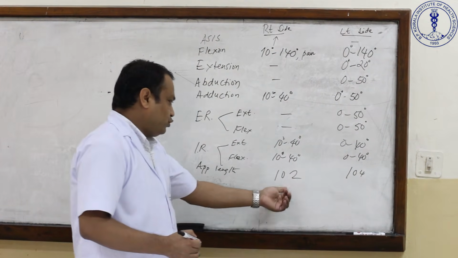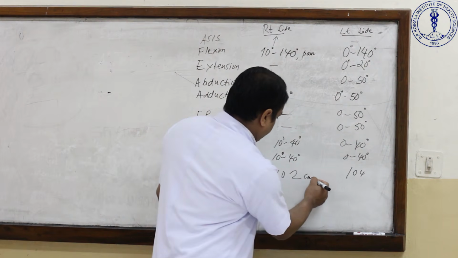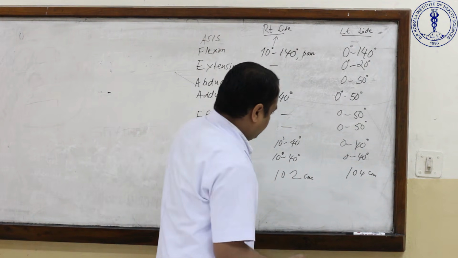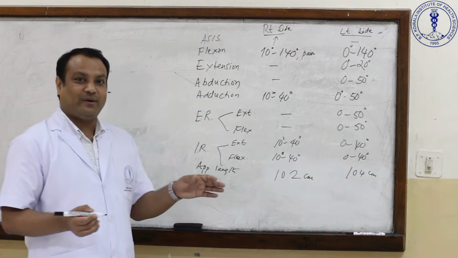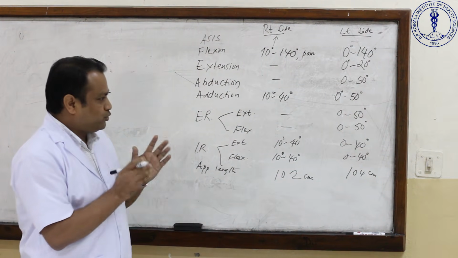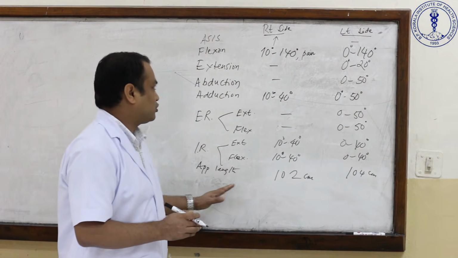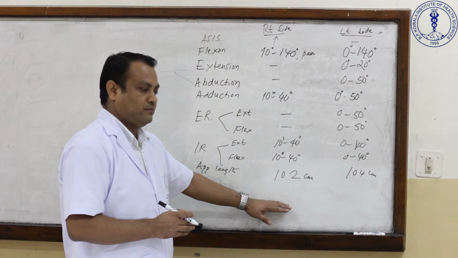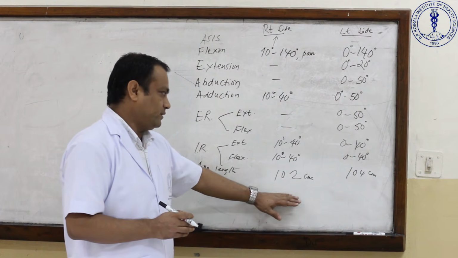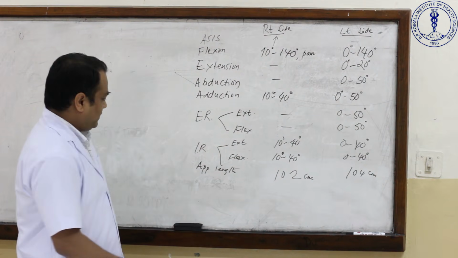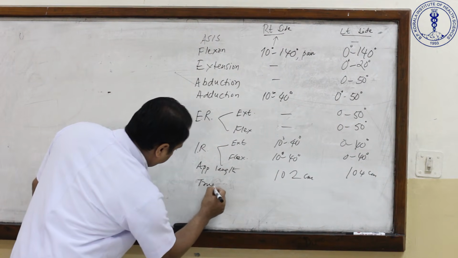The numbers 102 and 104 centimeters are not so significant until you are able to say that there is 2 centimeters of apparent shortening on the right side. Apparent shortening 2 centimeters. It appears, may be true, may not be true. Next, we have measured a true length.